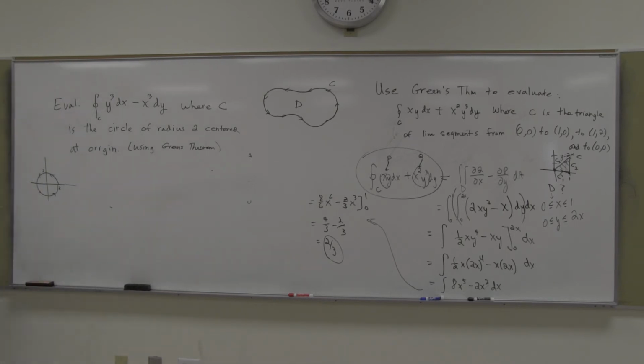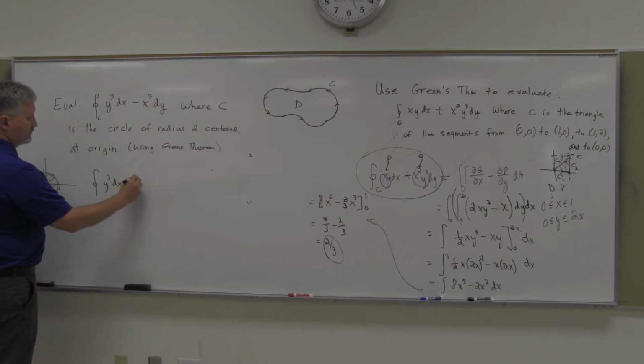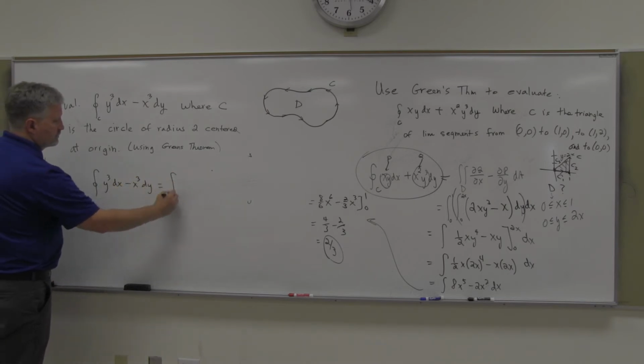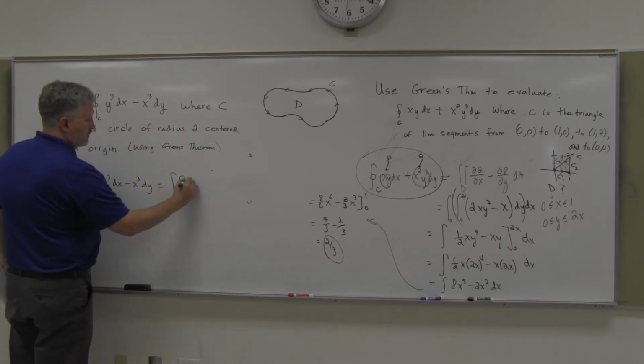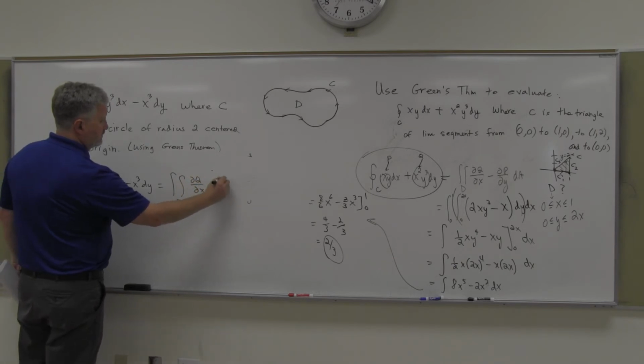Yeah, so in this particular case, D is the region inside that. And since our double integral, we're setting this equal to the double integral over that D, partial of Q with respect to x minus partial of P with respect to y.